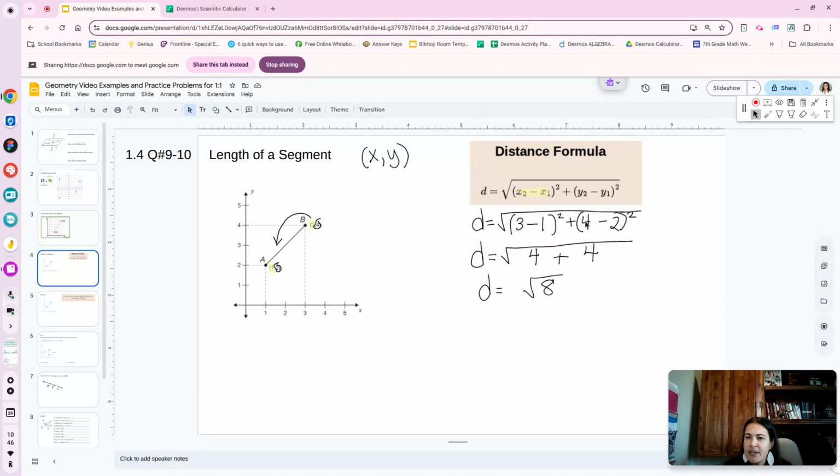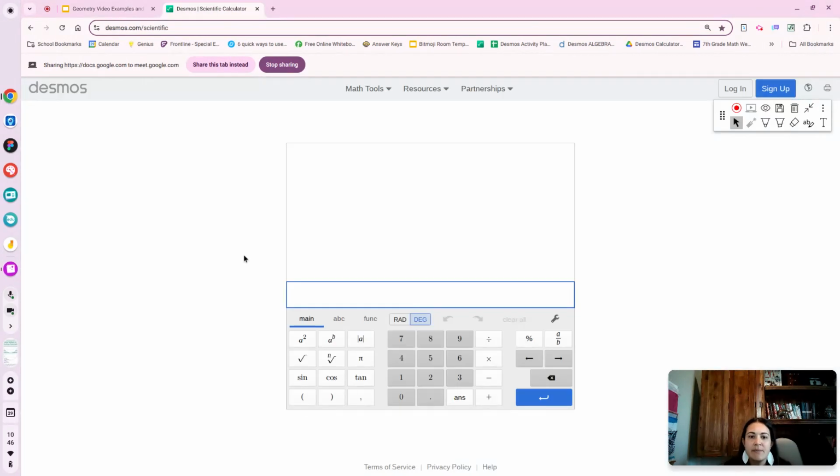So I'm just going to put everything except that square root. All right, 3 minus 1, and then here is your squared button, plus parentheses, 4 minus 2, and squared button, and it does. So I know that I did this correctly.